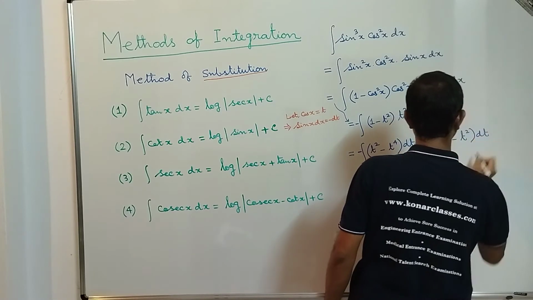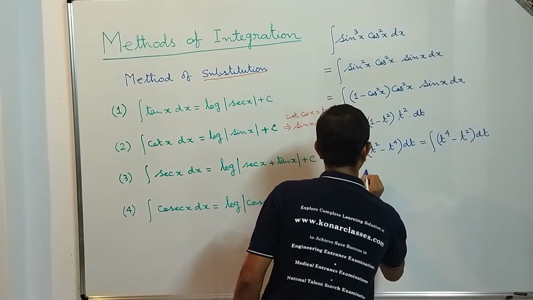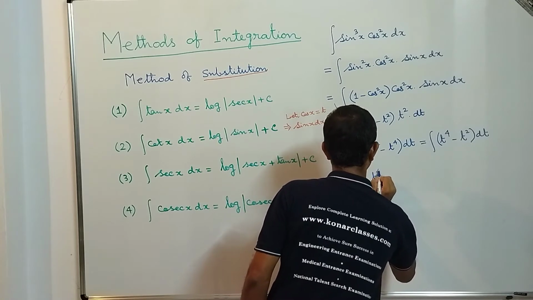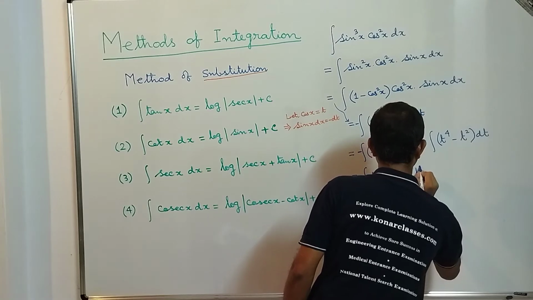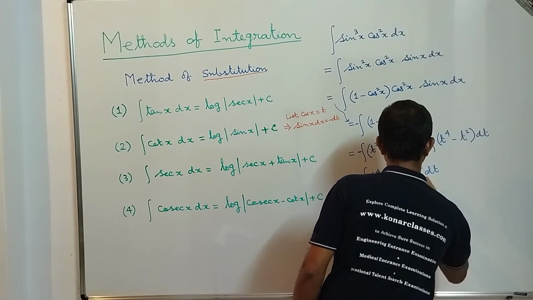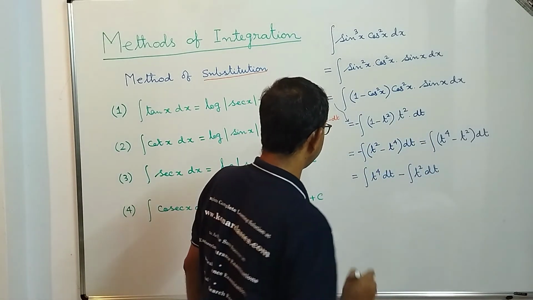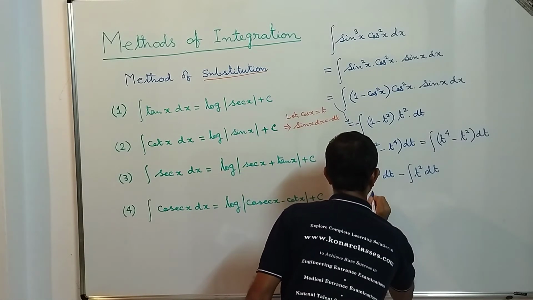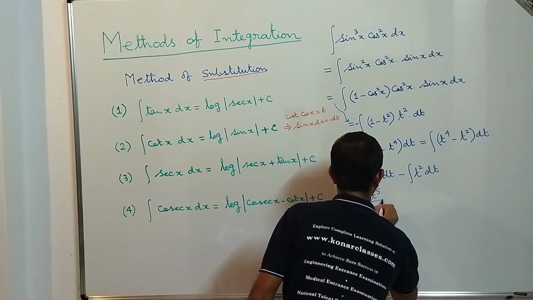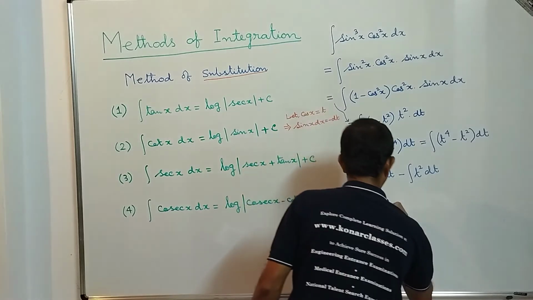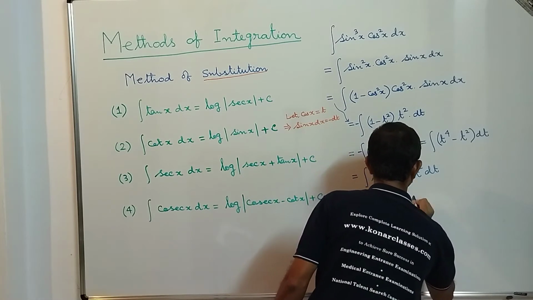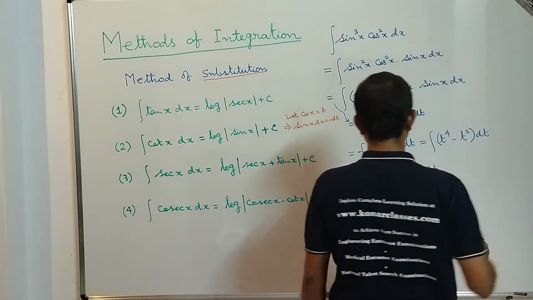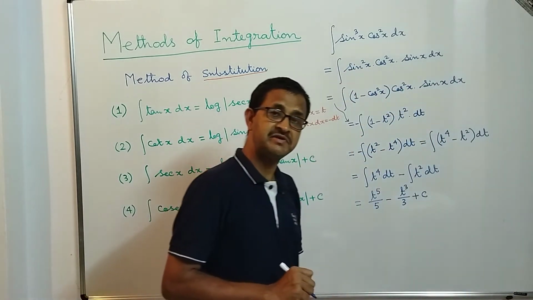So that is equal to the integration of t to the power 4 dt minus the integration of t square dt. Now t to the power 4 dt becomes t to the power 5 divided by 5 using the formula, minus the integration of t square dt, which is t to the power 3 by 3, plus c, where c is the constant of integration.